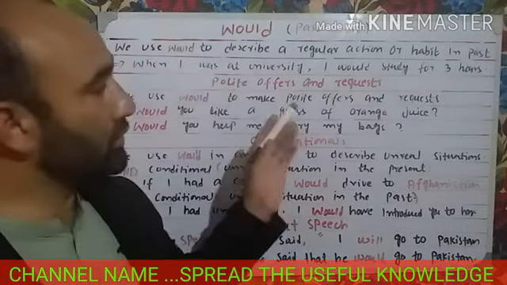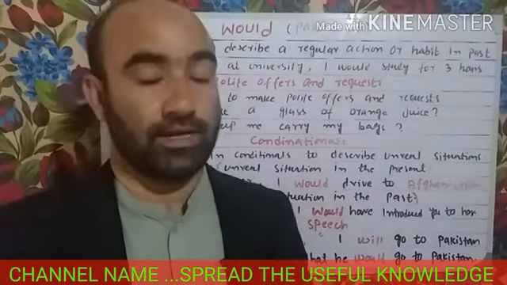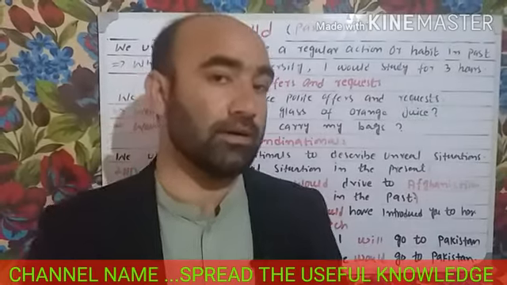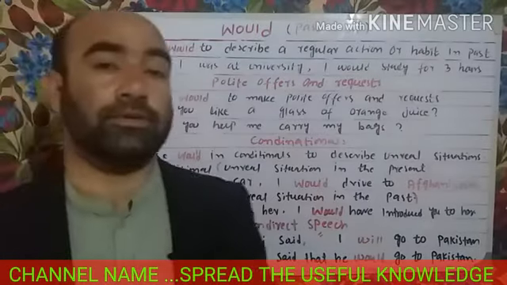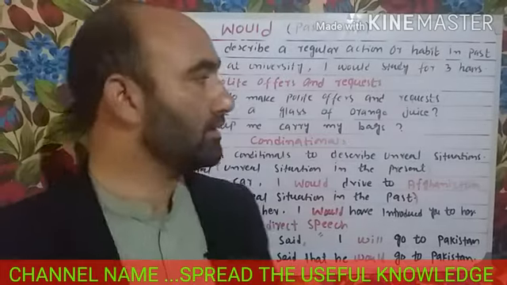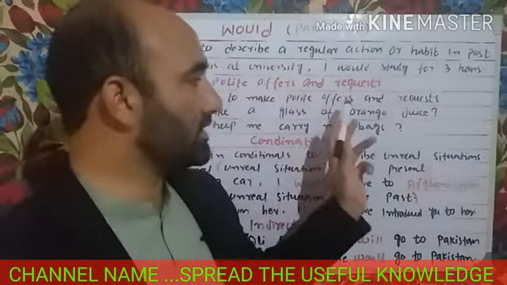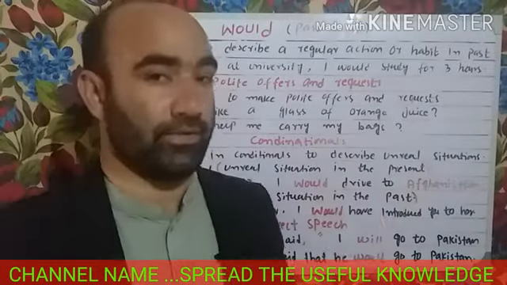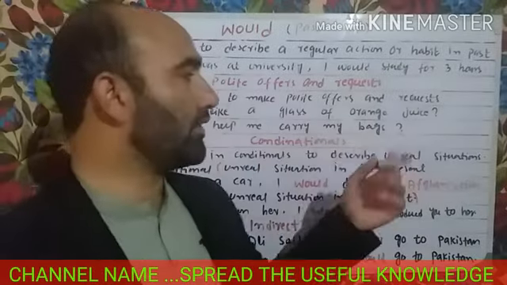And we also use would for polite offers and requests. Whenever we are making a request as well as an offer, for that purpose we also use would. Example: would you like a glass of orange juice?